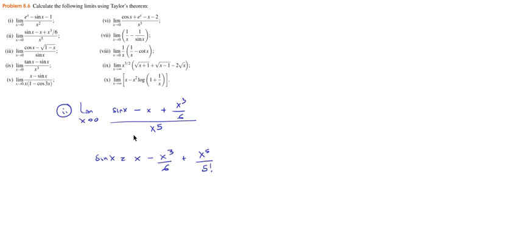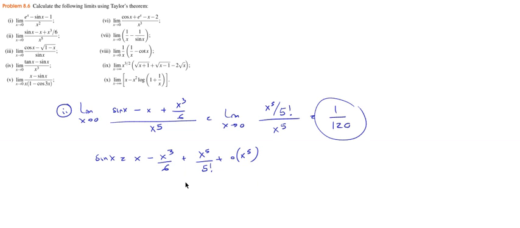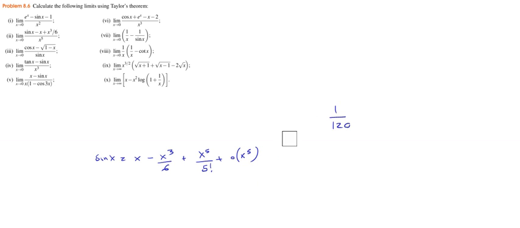Comparing the expressions, x minus x cancel out, x cubed over 6 minus x cubed over 6 cancel out, and you have x to the 5, so you can get rid of everything else. You don't need the terms after x to the 5. So you have x to the 5 over 5 factorial divided by x to the 5, which is 1 divided by 5 factorial, which is 120. You see how these things are very, very useful.